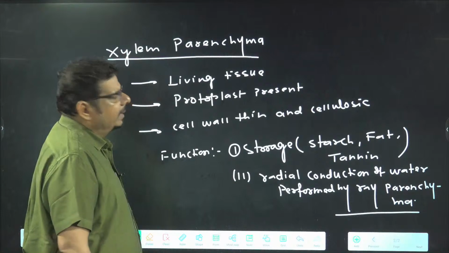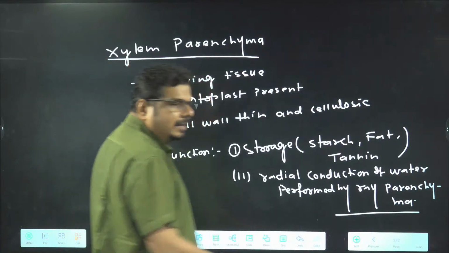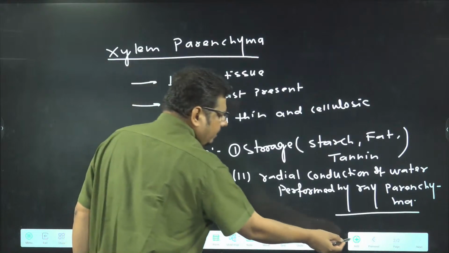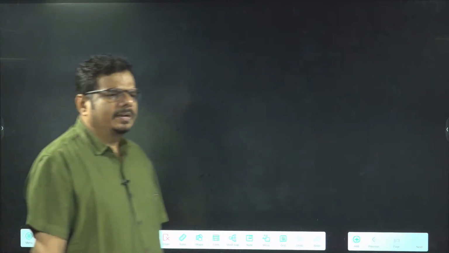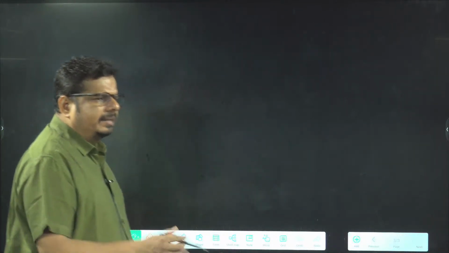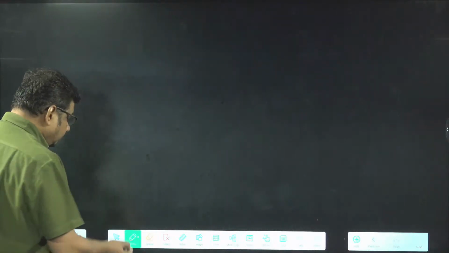Okay, now we are moving ahead to types of xylem. Give your attention. I am just shifting the slide because at the end we provided you the QR code. Okay, is it clear? Now what are we going to discuss?